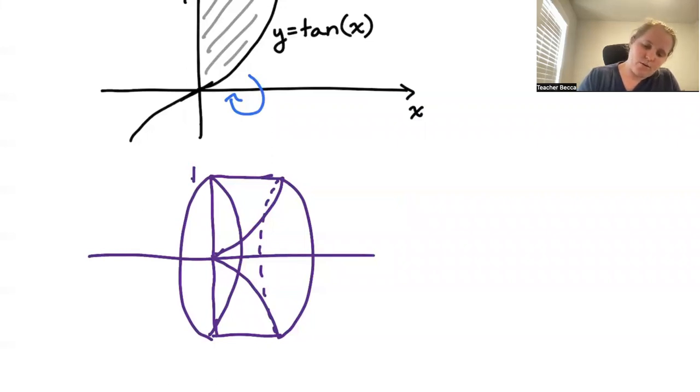So our interior holes will follow along that tangent of x. So we get kind of a reverse funnel. Essentially, we have a cylinder missing a funnel, right?